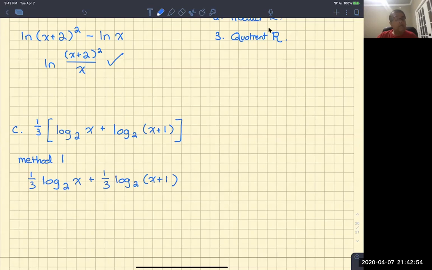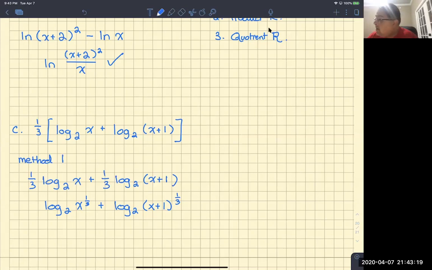Now, how do I deal with a number in the front of a logarithm? Well, remember the power rule. I can rewrite this as log base 2 of x to the 1/3 plus log base 2 of (x plus 1) to the 1/3.